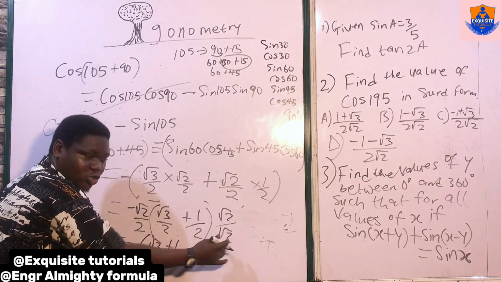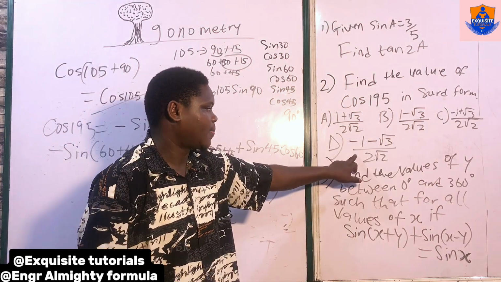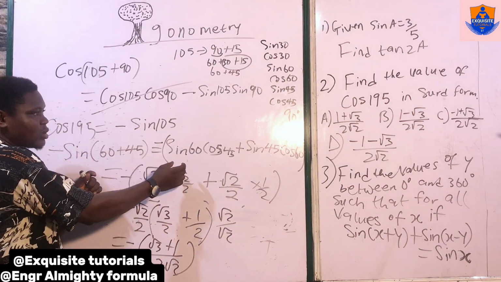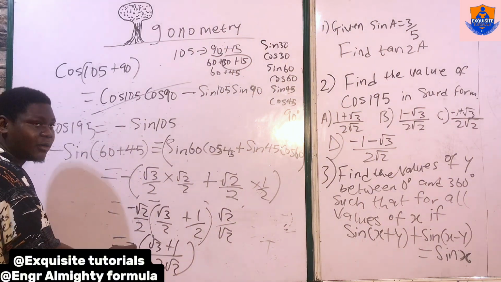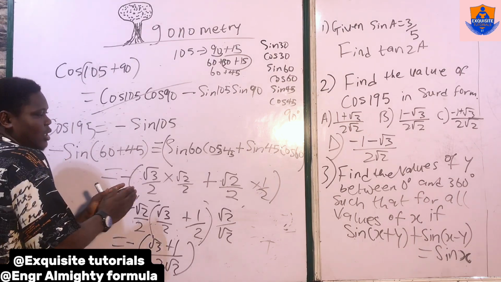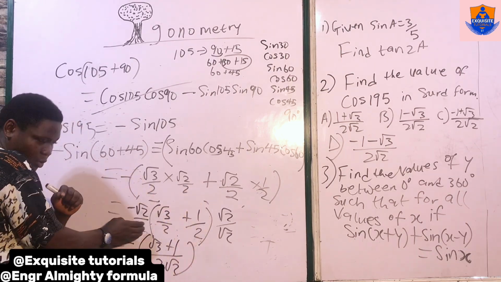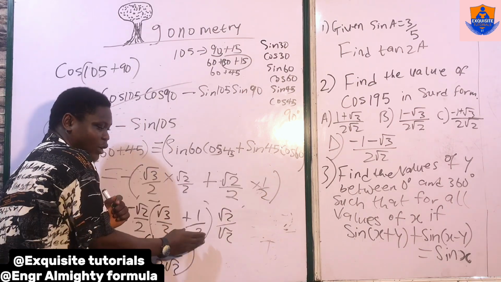But there's another root 2 here, so we have 2 root 2. So this becomes the correct answer, because if I open this bracket, I will have minus 1 minus root 3 all over 2 root 2. What I did was bring root 2 over 2 out. Since it's common, what will be left is root 3 over 2, 1 over 2.